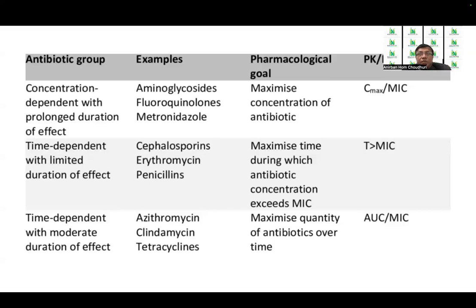So this is the third form of action of the antibiotics on the organisms. One, it is concentration dependent. Two, it is time dependent. And the third way is the area under the curve over the minimum inhibitory concentration, or MIC. So this is the pharmacokinetic and the pharmacodynamic effect.